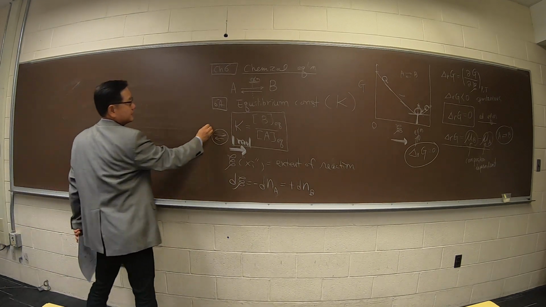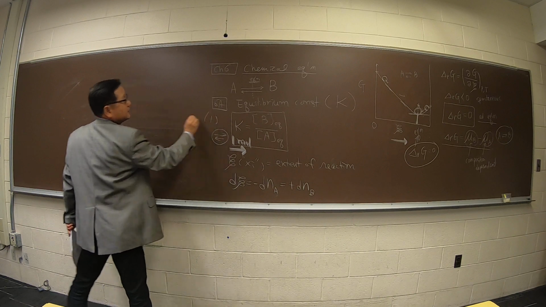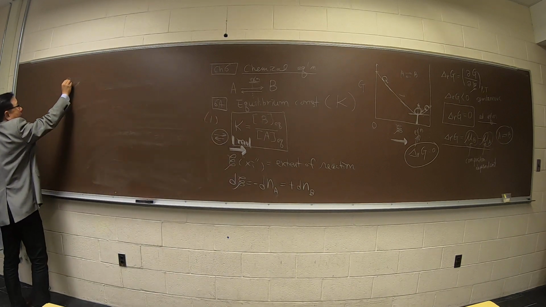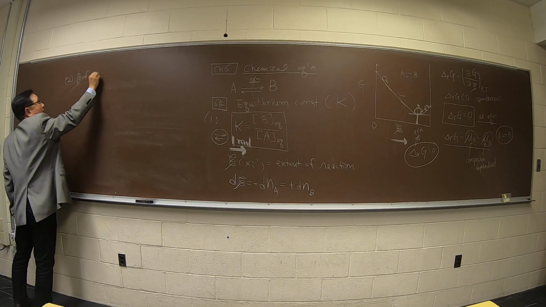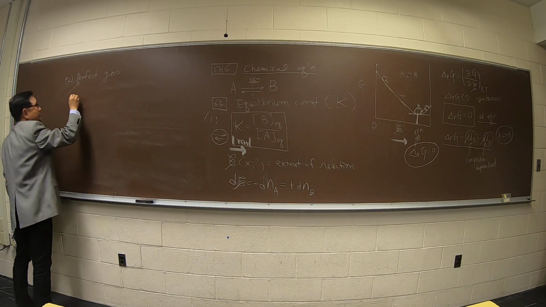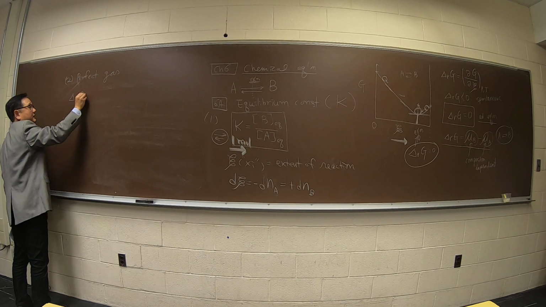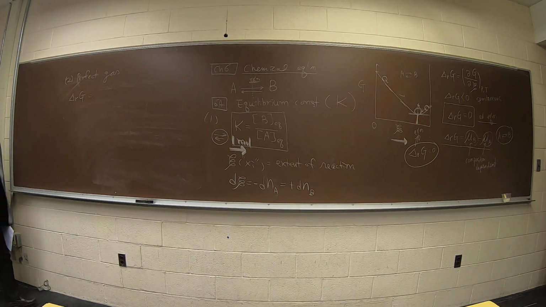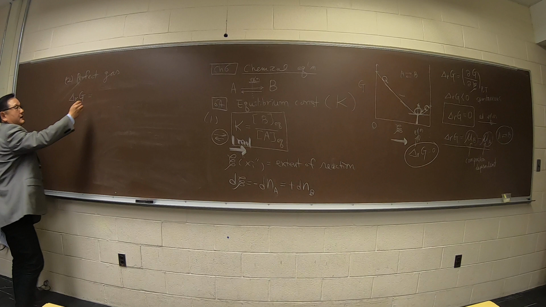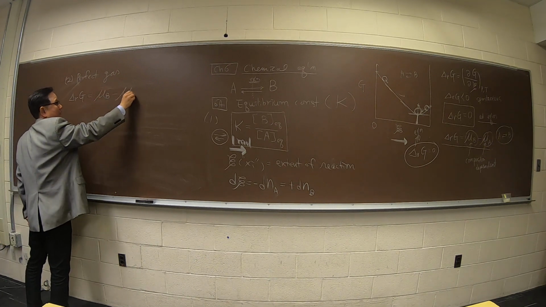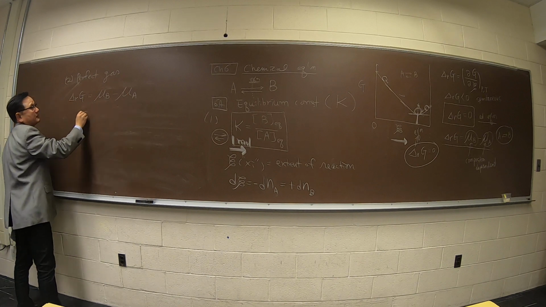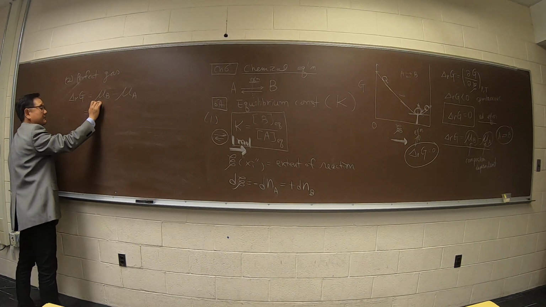Okay, so this is equilibrium constant number one. And now the actual case for the perfect gas. Let's get an equation for what this looks like. This is essentially the difference between your products and your reactants, and this is a molar Gibbs free energy.